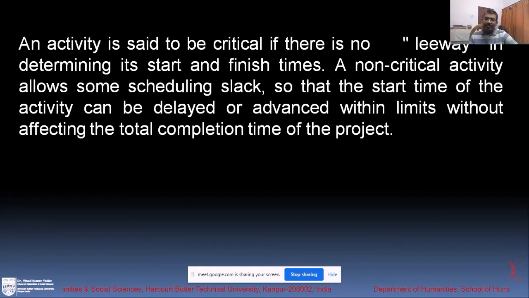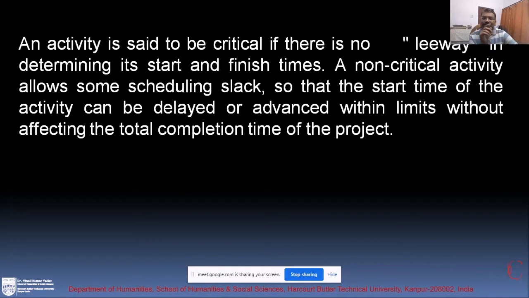For example, if an A activity is starting from first and finishing at second point, and on second node there is a different D activity which is starting, the earliest starting time of D is the finish time of A, because once A activity is finished then only D activity can start.